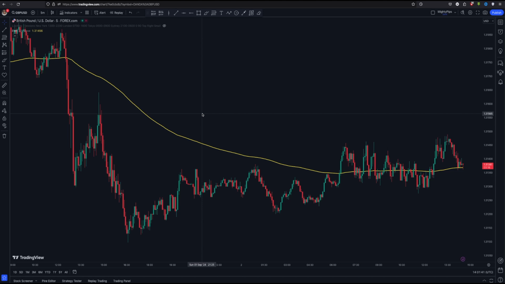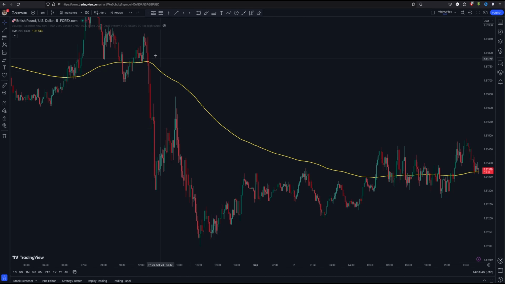You also need to support the moving average by identifying higher highs and higher lows in the market. So for example, here we have the moving average being above the price right here, and then price is showing that it is moving in a downtrend. But you also need to identify that the market is creating a trend to the downside.